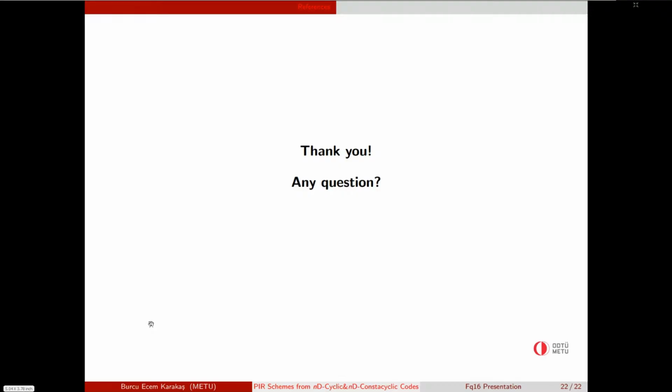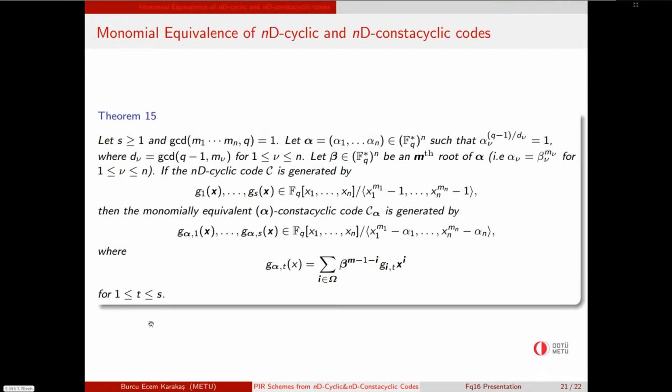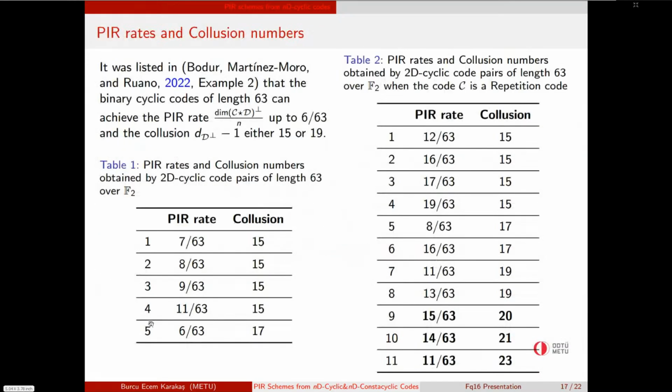Can you explain why it's better to have a high collision number? I'm not sure actually right now.